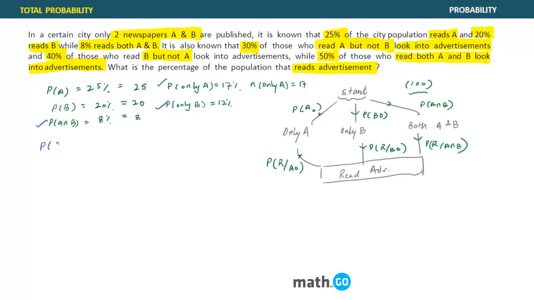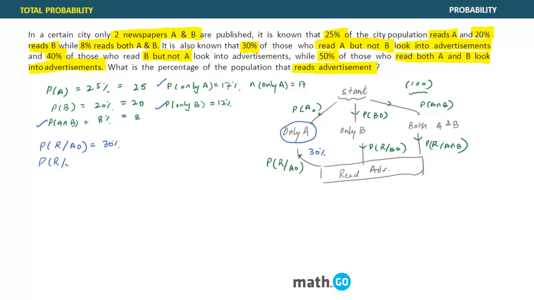Your target is to find the probability that they read the advertisements when they are just reading the A newspaper, which is already given. See, 30% of those who read A but not B. So out of this bag, let's say this is bag 1, 30% read the advertisement. This is given to you as 30%, right?